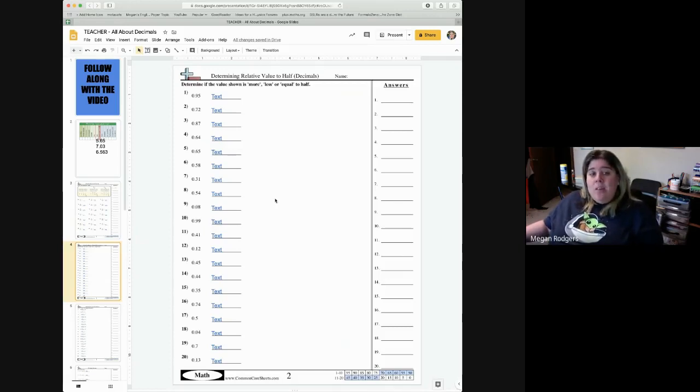Why do we need to know this? This is what we need to know when it comes to rounding. The crime scene is going to ask you to round to the nearest whole number. These, for the most part, are all less than 1, so the whole numbers we would round to would either be 0 or 1.